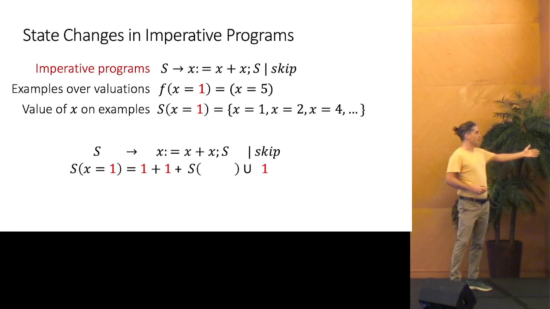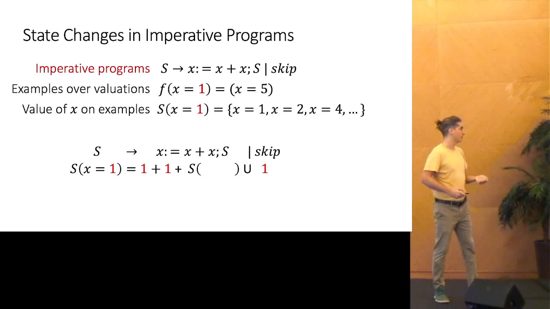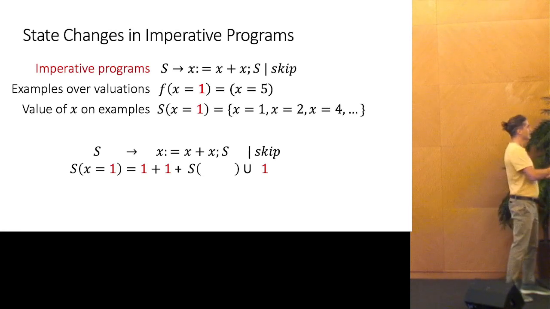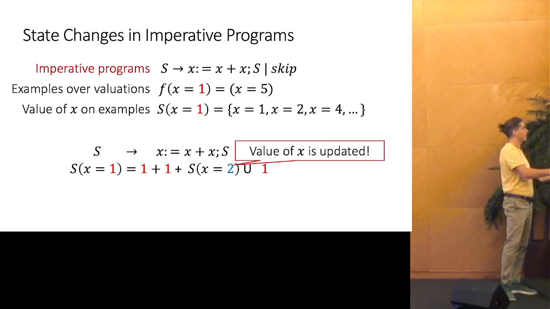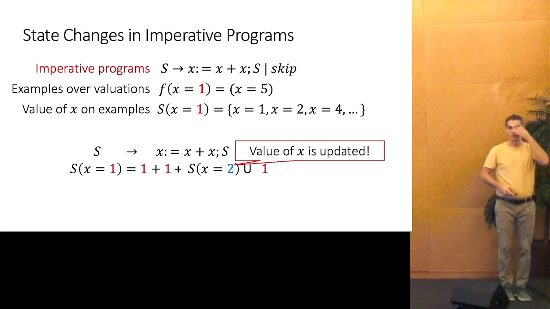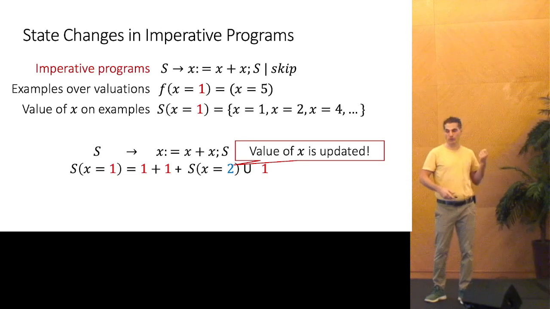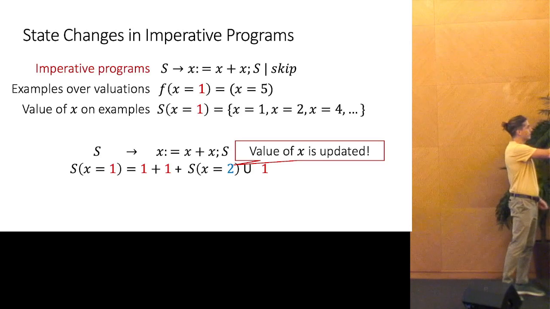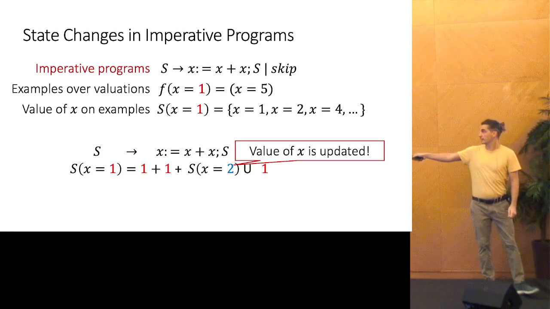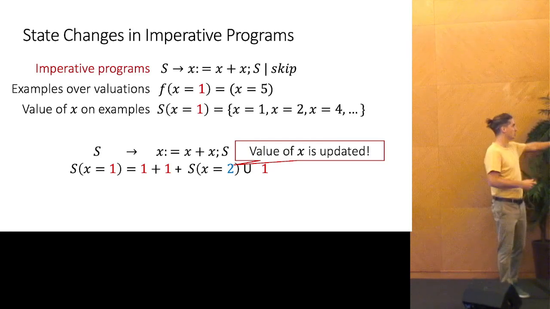So now if I try to define that set, the values that I can end up with when I start with x equals 1, here I have this recursive equation. And the problem is that at that point, x has changed to 2. So to reason about what values x equals 1 can produce, I need to reason about what values x equals 2 can produce, right? Because after I do this first assignment, x equals x plus x, x has changed to 2. So that equation is correct.